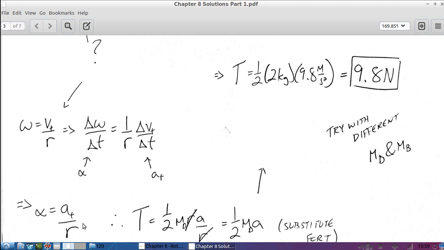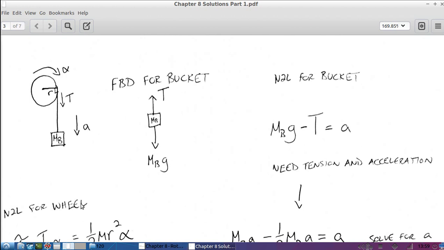But here's a weird thing. Every spot on the edge of this disk has a tangential acceleration. If it's rotating, it's got an angular acceleration, so it's got a tangential acceleration. But guess what? As this thing descends, it's got an acceleration.